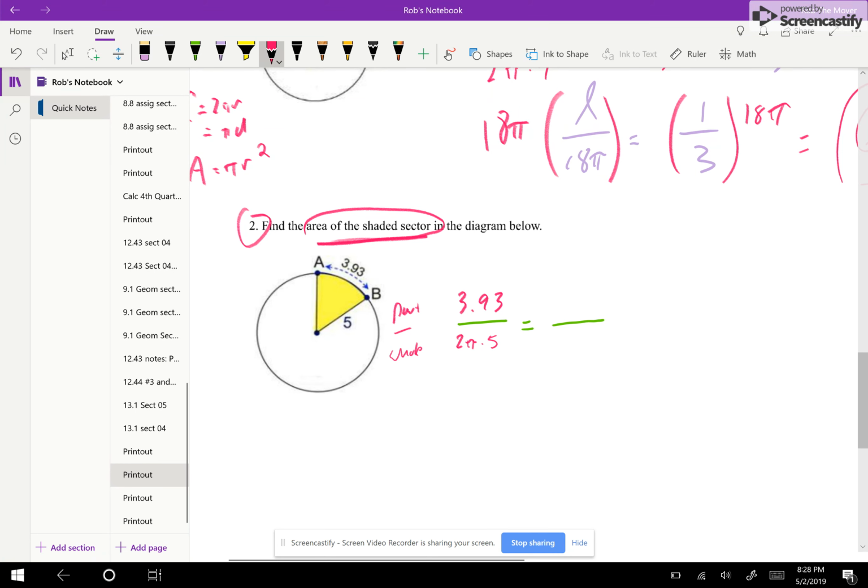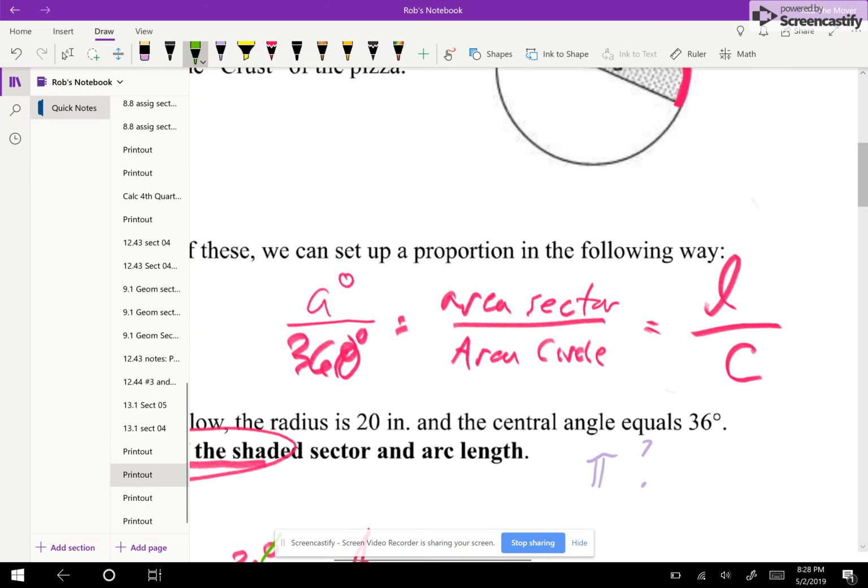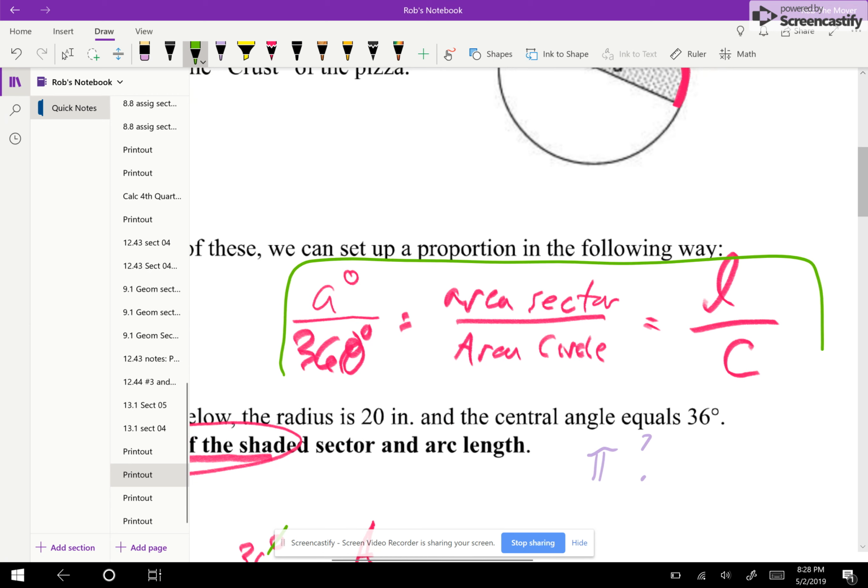So we did a part to the whole with the arc length. We can do a part to the whole with the areas on the other side. Remember what I did back here: I told you we could use any two parts of this equation.